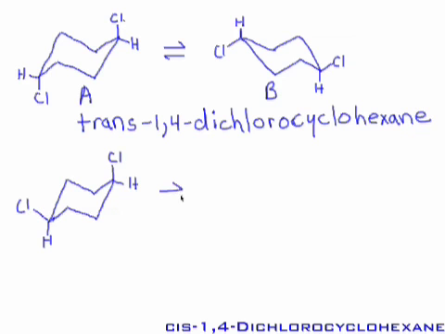So if you do the ring flip, produce the other conformer, you get this chlorine now becomes equatorial. This chlorine now becomes axial.